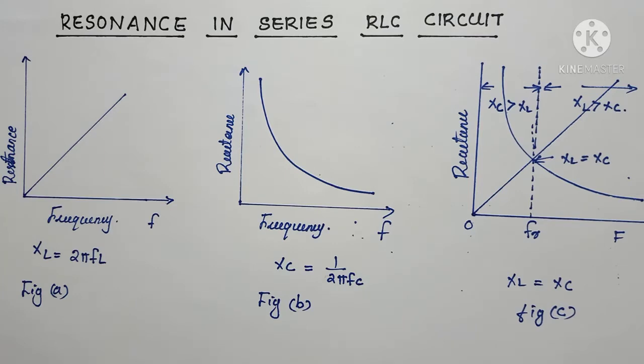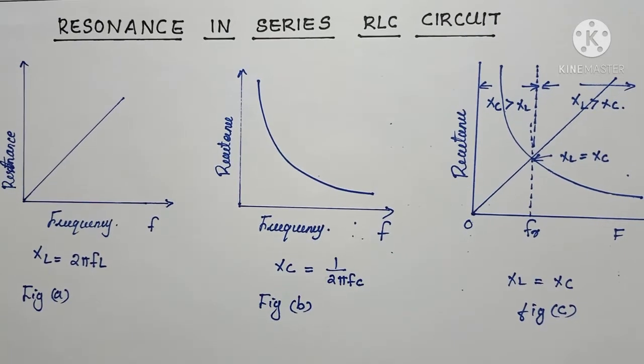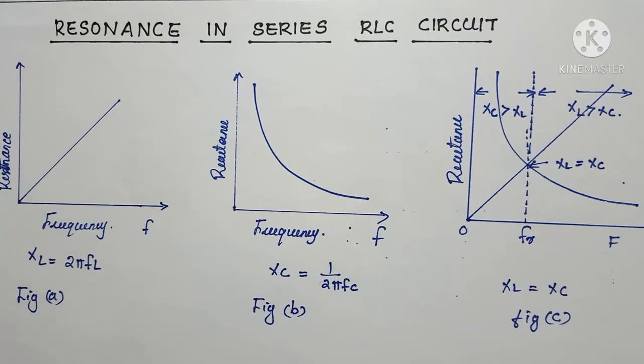And the third case was when XL equals XC, then what will be there? Only resistance. The net reactance will be absent there, or nullified there. And that is the condition for resonance. When XL equals XC, then resonance will occur in that circuit.